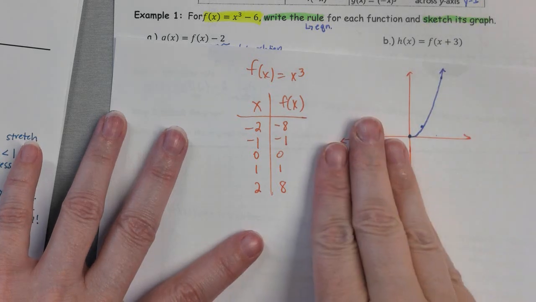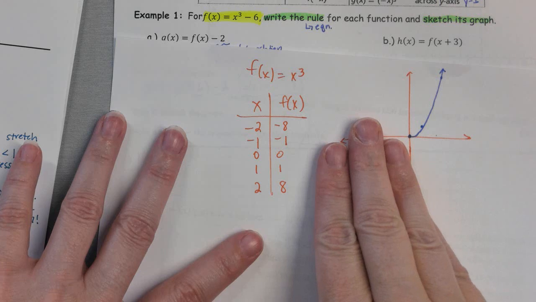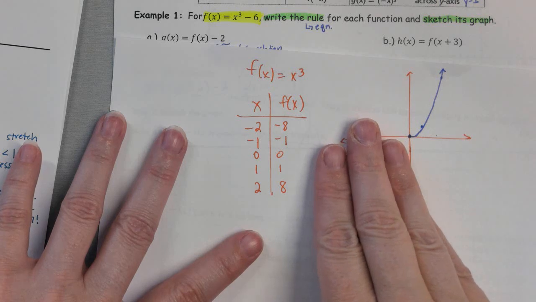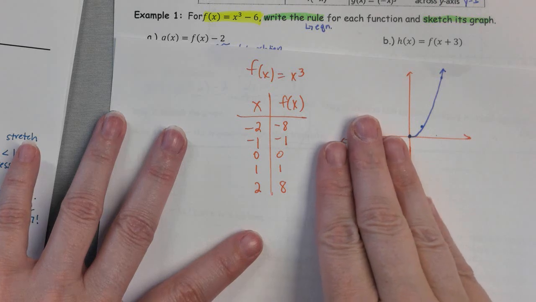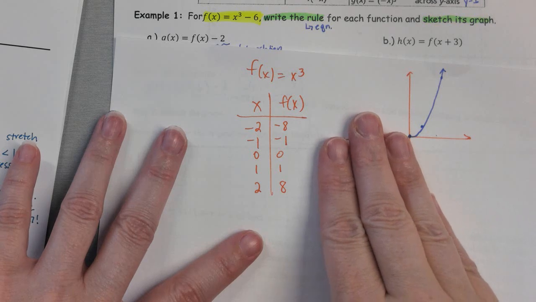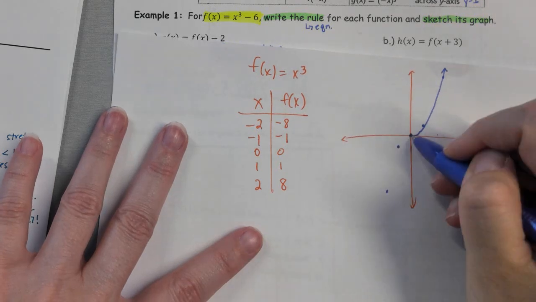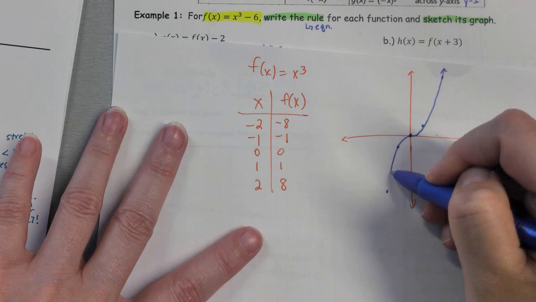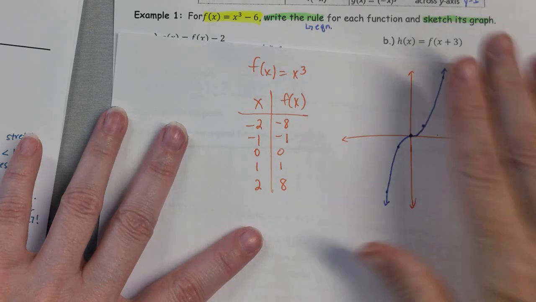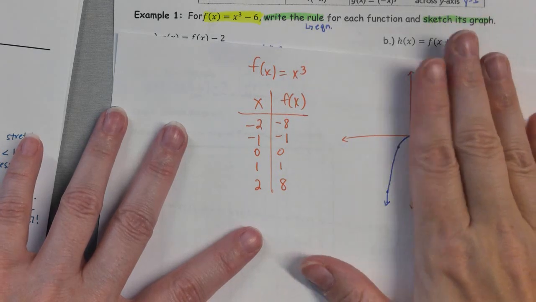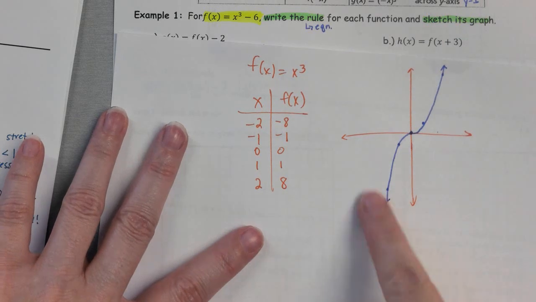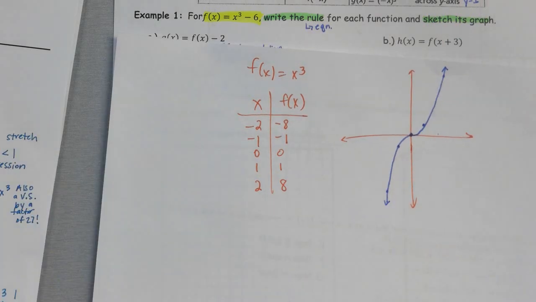What does that look like? Doesn't it look like half of a parabola? Okay, and then it's the same thing here, except it's going down. Doesn't that look like half of a parabola? Yeah. Okay, so that is your parent cubic function.